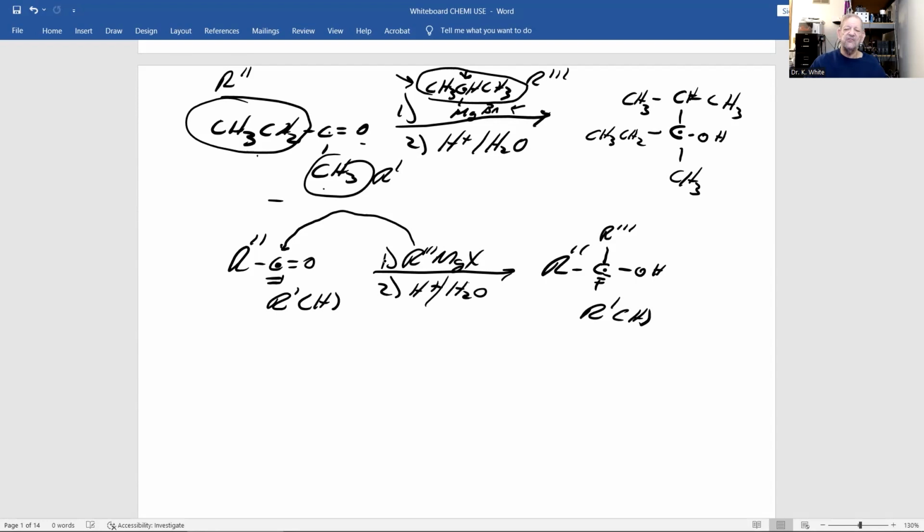In one simple step, I made a very complex molecule. And that's the beauty of the Grignard reaction with aldehydes and ketones. It allows you to make that very special, very rare thing, a carbon-carbon single bond. This reaction, I will never give a synthesis problem on. That's cruel and unusual punishment.